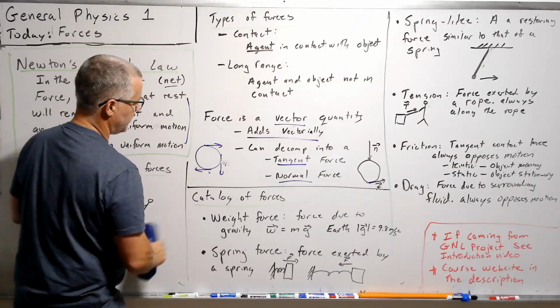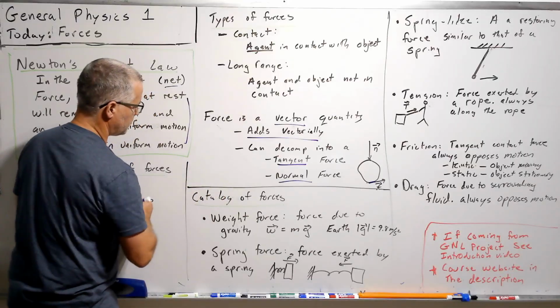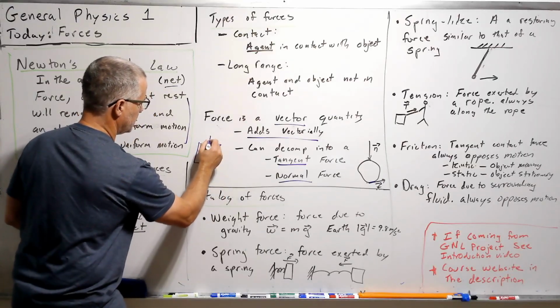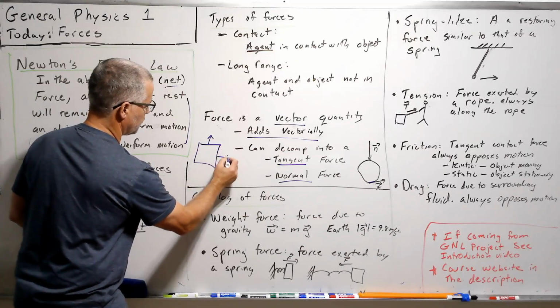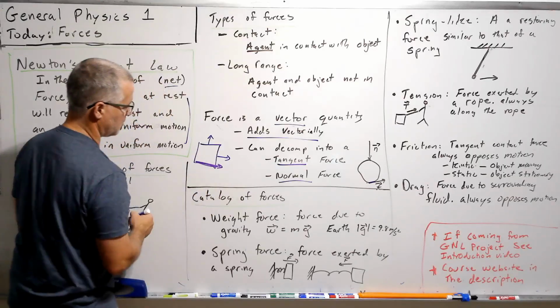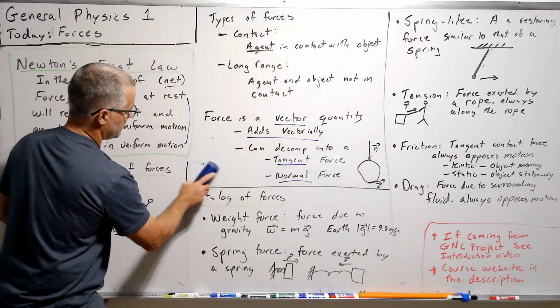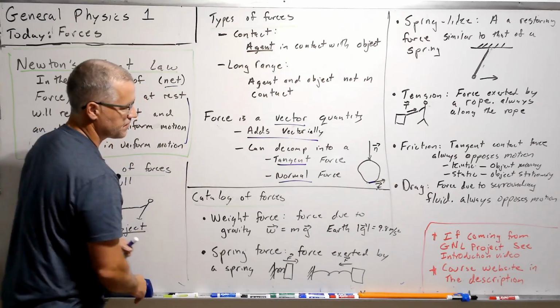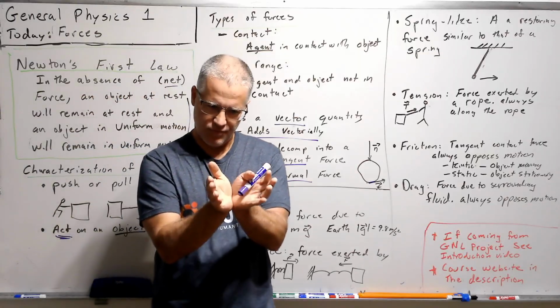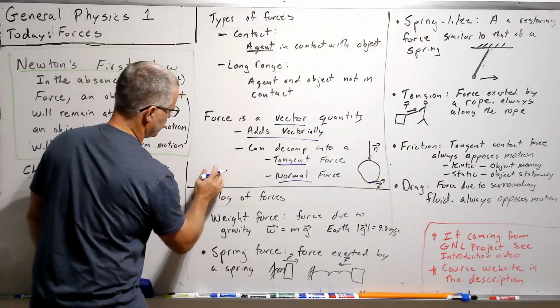Now, if we have a box, then it's pretty easy to see the perpendicular. There's a perpendicular force, there's a normal force, and so on. The tangent force would be like this. That's a tangent force. But what we mean by normal is locally, or right at that one point, it's orthogonal to the surface.